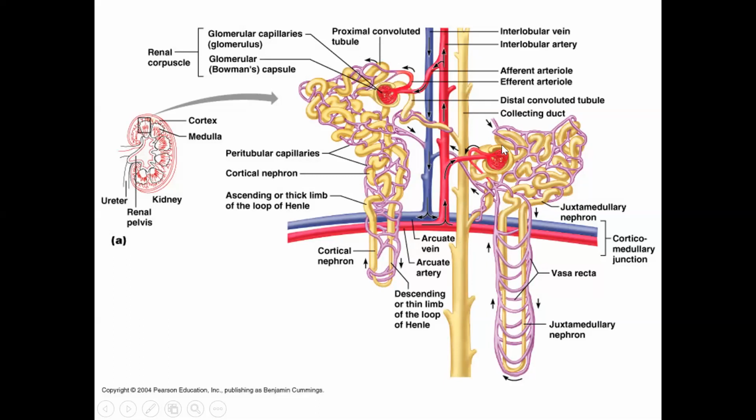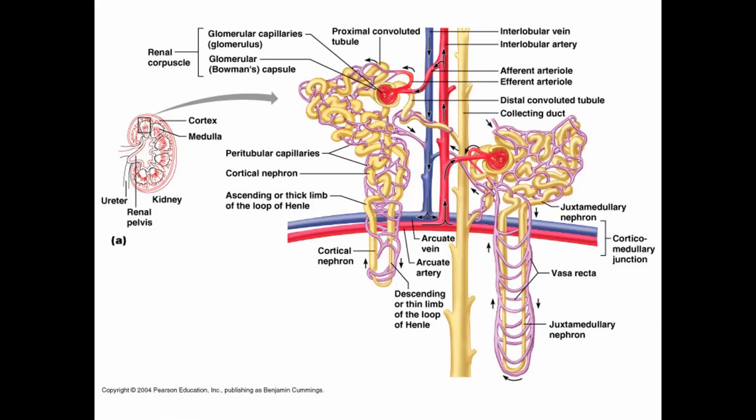So this kind of nephron is called a juxtamedullary nephron. 80% of nephrons are cortical nephrons. About 20% are juxtamedullary nephrons.